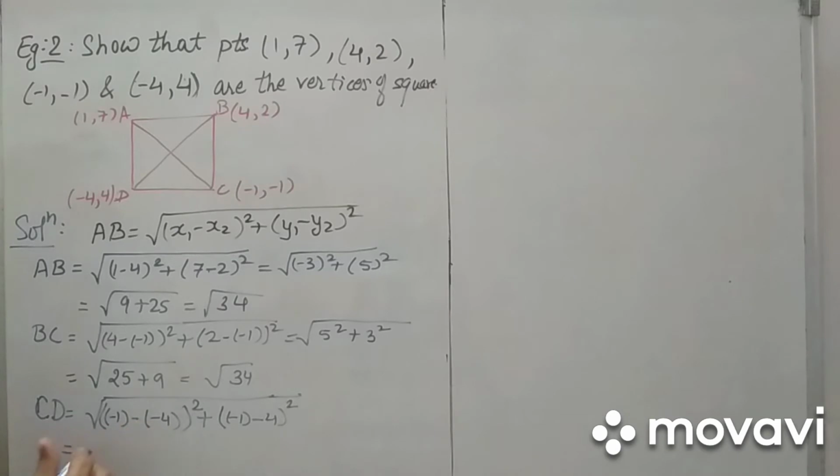Here these 2 minuses are in multiplication. What I am getting is minus 1 minus plus 4 and then its square, plus minus 1 minus 4, minus plus and sign of the greater number. So minus 5 square I am getting.